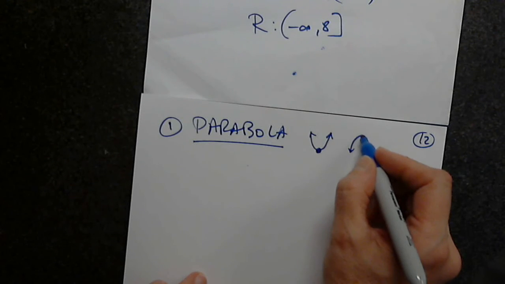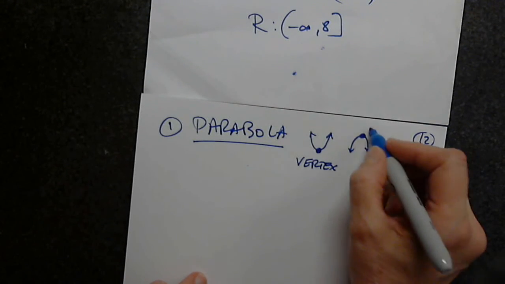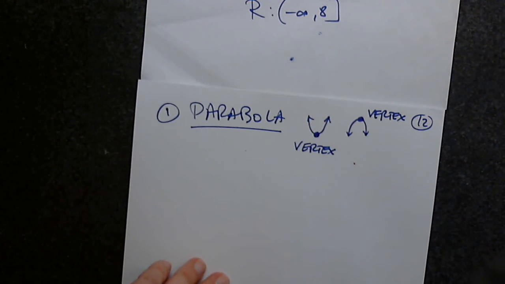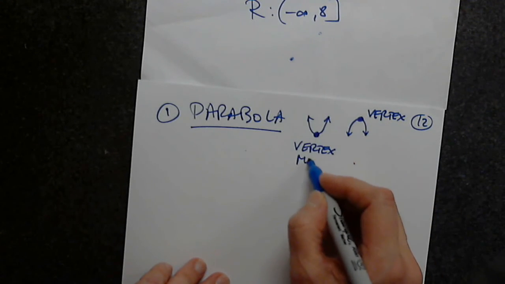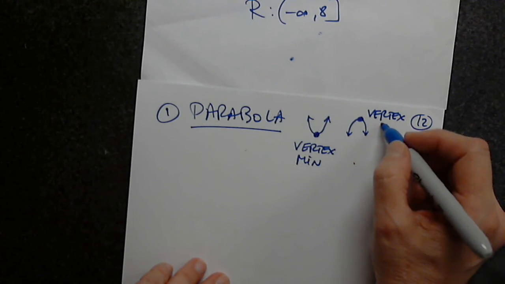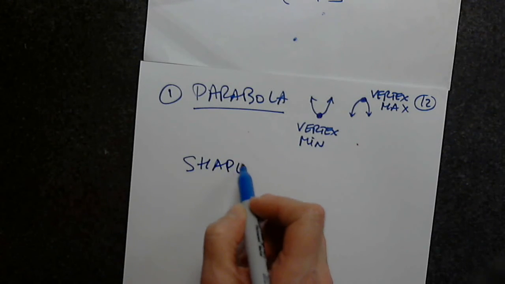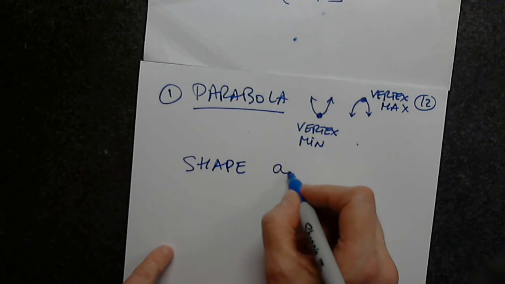So these 2 points, this is a vertex, and this is the vertex, plural vertices. So every parabola has a vertex, which is either a minimum or a maximum. Now, how do I know the shape? How do I know if it's this or this? It's the leading coefficient.